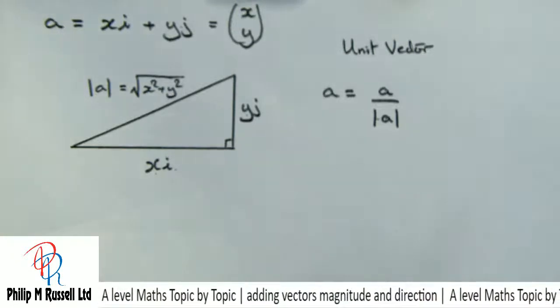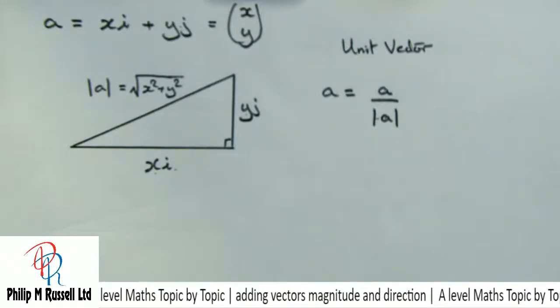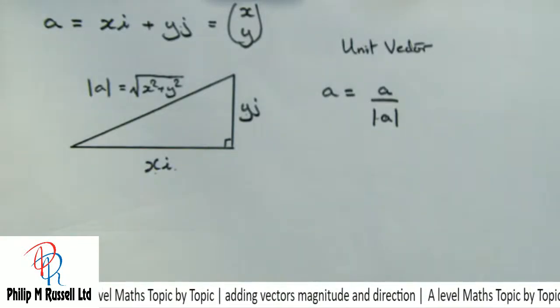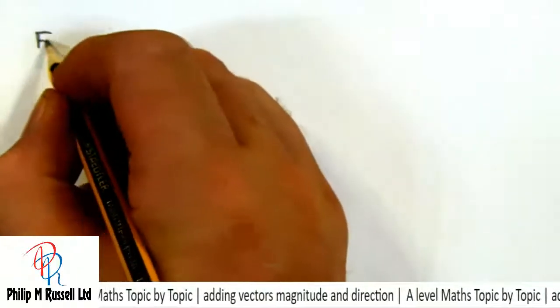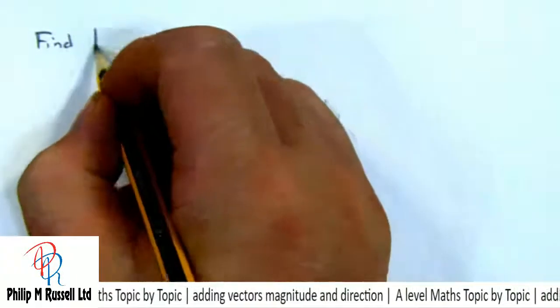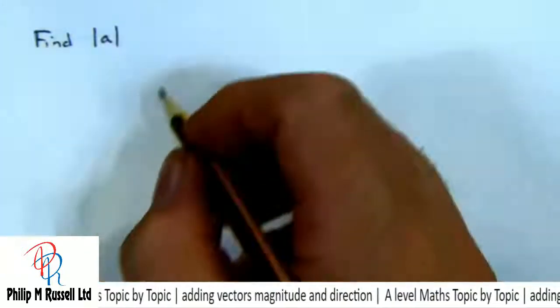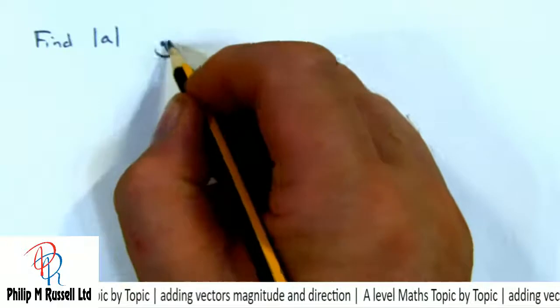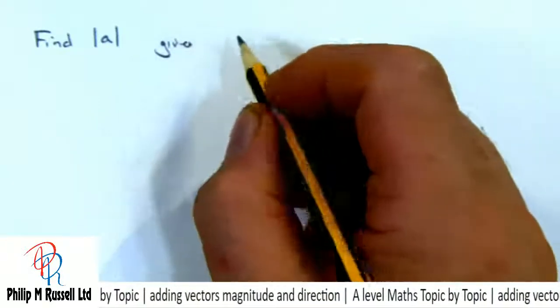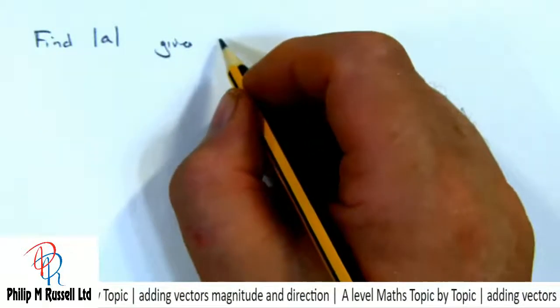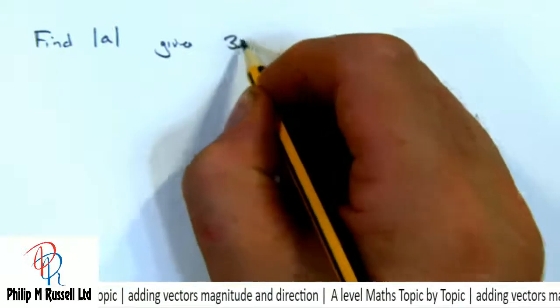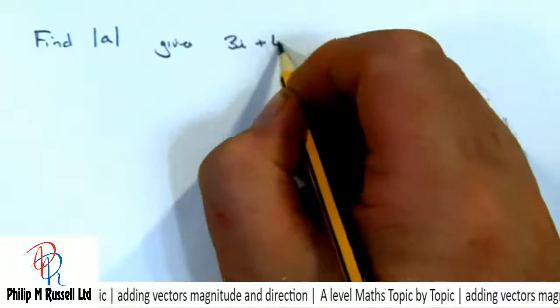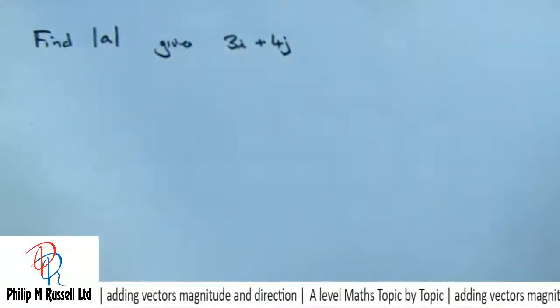Let's see if we can put one of those into practice. The question's going to ask us to find the magnitude, simply given that A is 3i plus 4j.